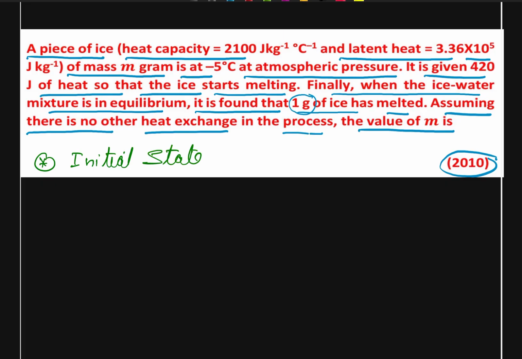In this initial state we are given ice having a mass of m gram and at a temperature of -5 degrees centigrade, and the heat that is added is 420 joules.